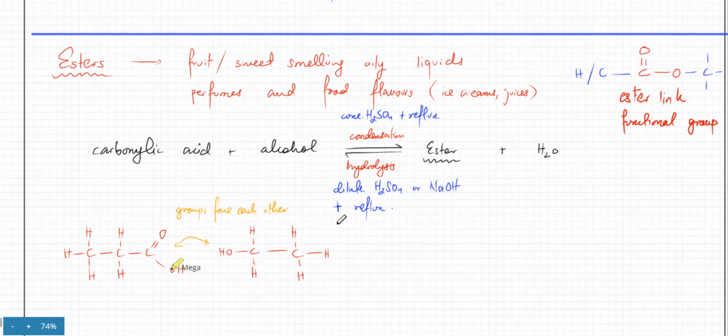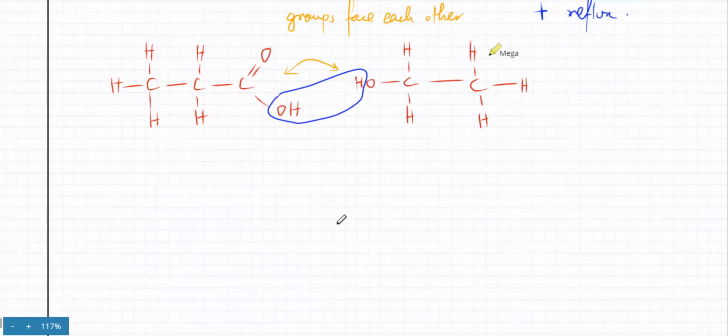And after that, the next step is that the carboxylic acid would lose its OH and the alcohol would lose its H. These two come out from the middle. So draw the whole molecule again. They're going to combine to form water molecules.